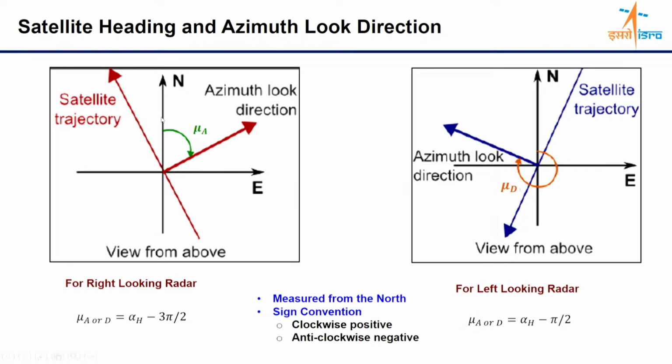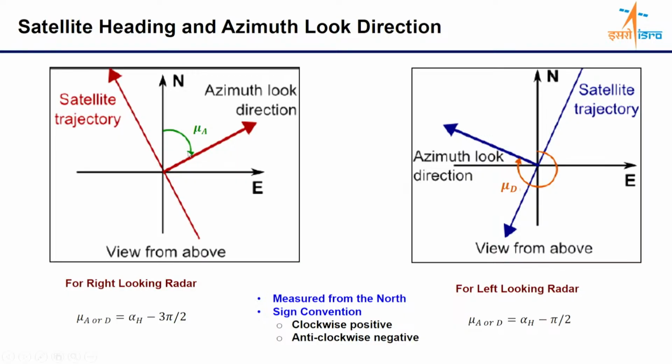So satellite heading, if you are measuring in negative sign, it means this is simply angle from here to here. So this is around minus 15 degree. So satellite heading in the ascending pass is around minus 15 degree. Okay, or azimuth look angle is around, total from here to here it is 90, this is 15 if you minus, so it is 75.